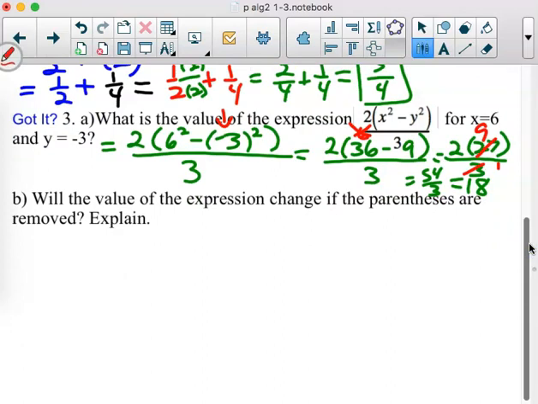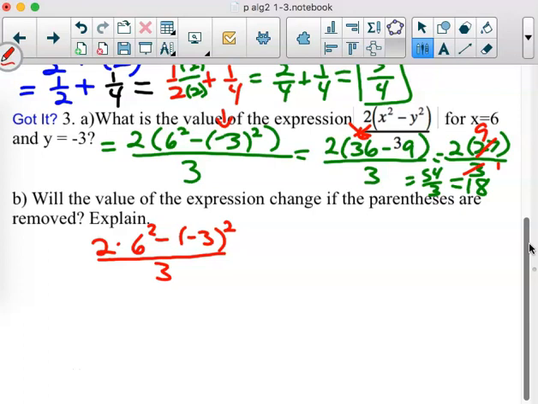Oh, so if we did this, now I'd still need the set of parentheses around my negative 3 there. Would that change the answer? And the answer to that question is it absolutely would.